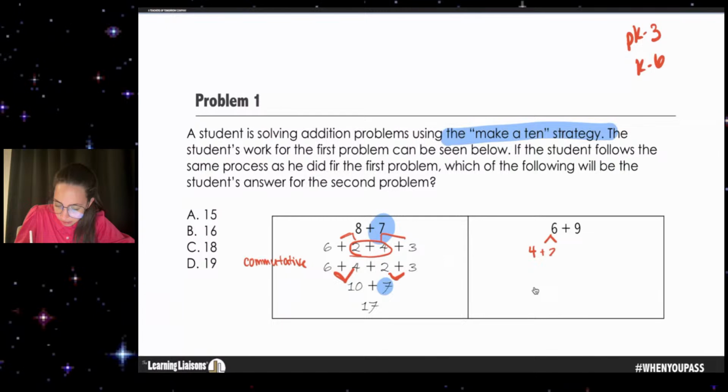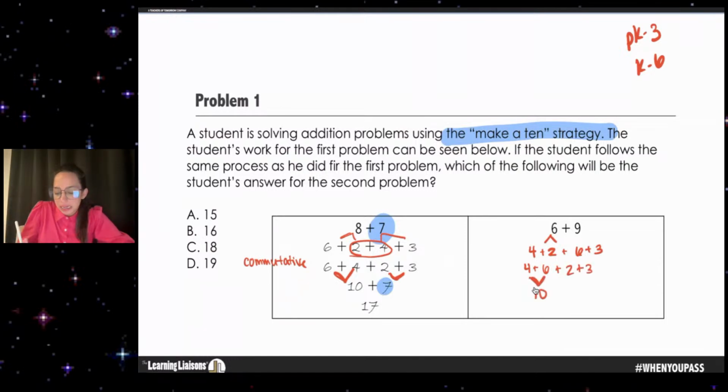It really doesn't matter what you do here. Plus 9 is the same thing as 6 plus 3, right? And then I can rearrange 4 plus 6 plus 2 plus 3, because then this makes a 10.